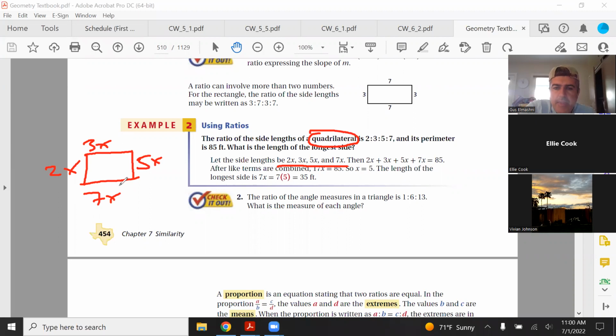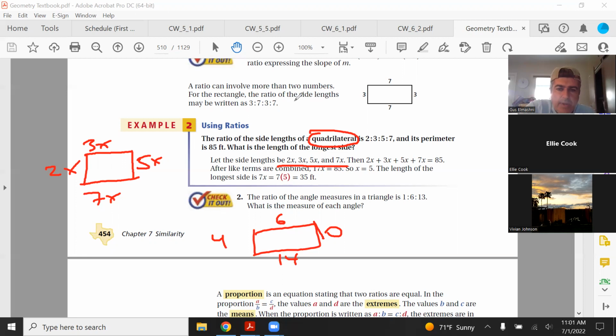You let the side lengths be that, because what if they were 4, 6, 10, 14? You still have the same ratio, right? They still follow the 2, 3, 5, 7 ratio, because 4 to 6 is 2 to 3, 6 to 10 is 3 to 5, and 10 to 14 is 5 to 7. But I don't know the exact length of these sides just yet, but I do know the perimeter is 85.